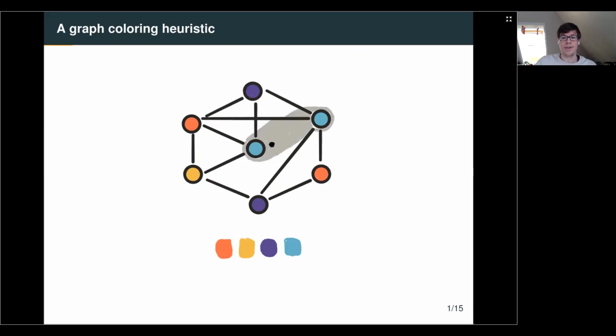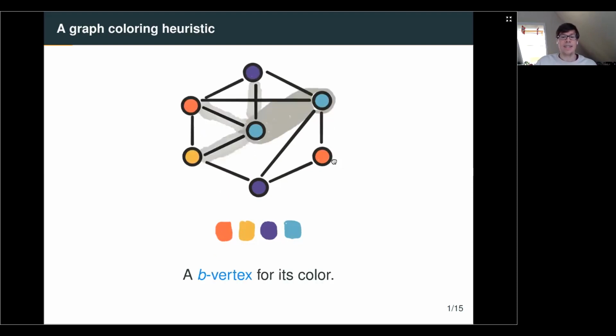There are 2 vertices now that we have to recolor, but when we look at the middle one, this won't be possible, right? Because this vertex already has a neighbor of all the other colors. So we cannot assign a different color to this vertex than blue without creating a coloring conflict. And this is what we call a B vertex for color blue.